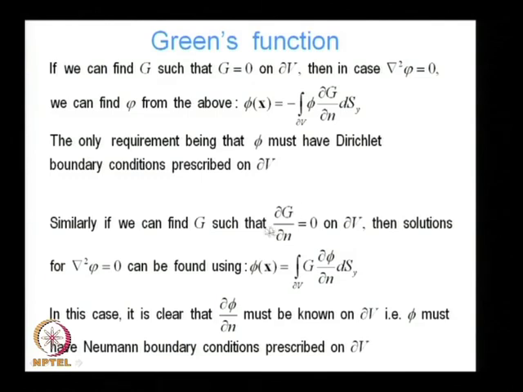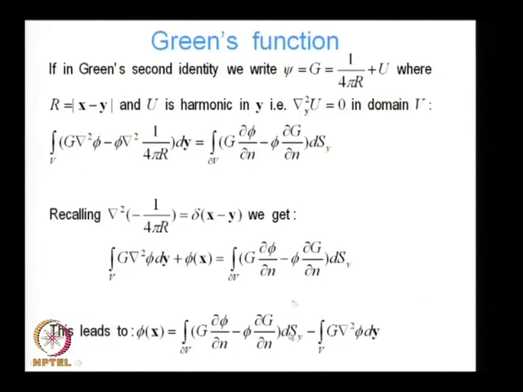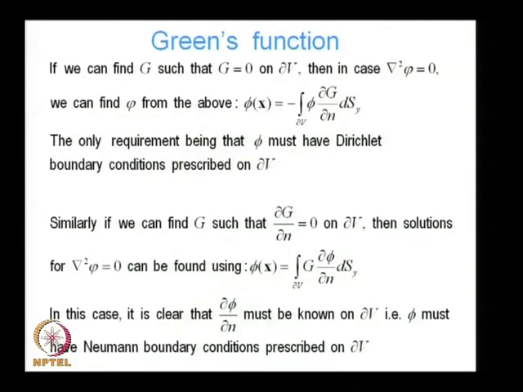Similarly, on the other hand, if we can find g such that the gradient of g is equal to 0 on the boundary, then what happens? Then this term is going to be 0, and in that case I can always find phi if I know my gradient of phi on the boundary. So, they are complementary. If g is equal to 0 on the boundary, then I must know phi on the boundary.